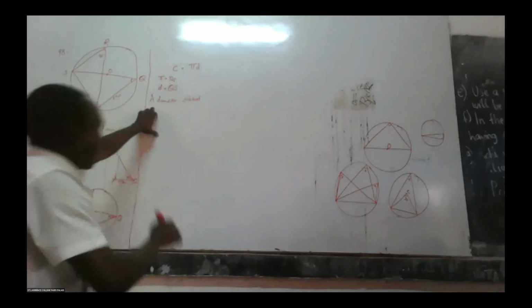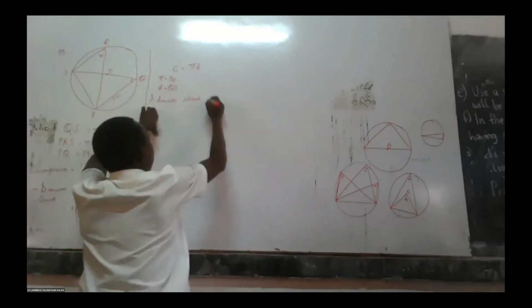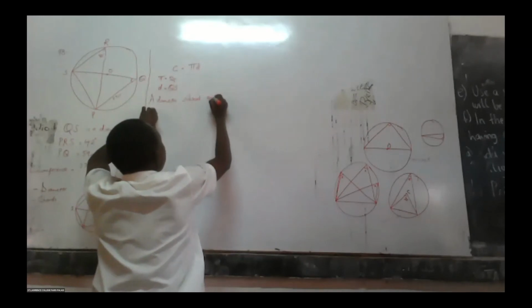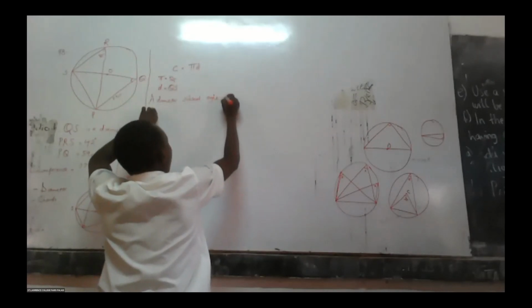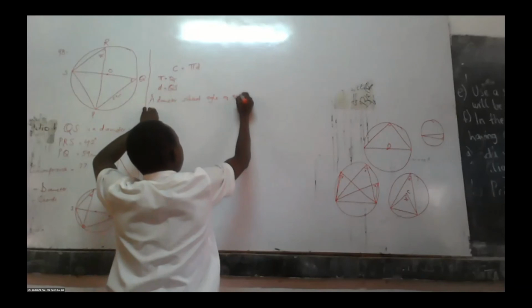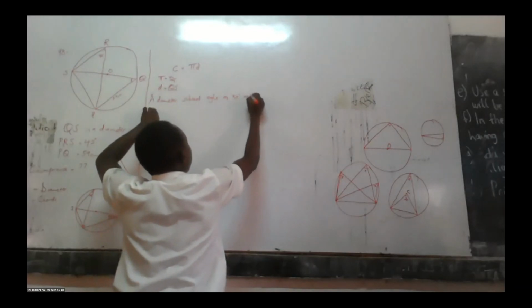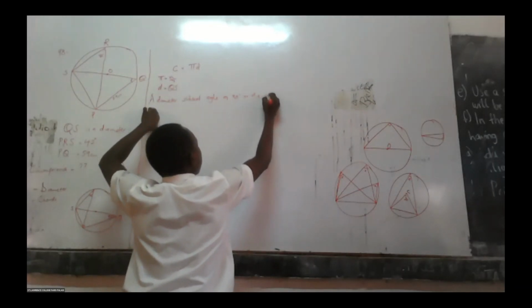So a diameter subtends an angle of 90 degrees at the circumference.